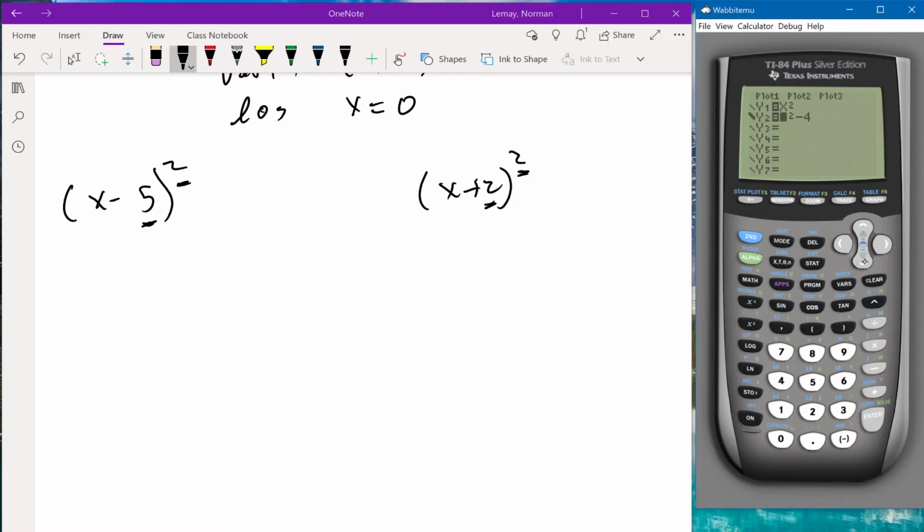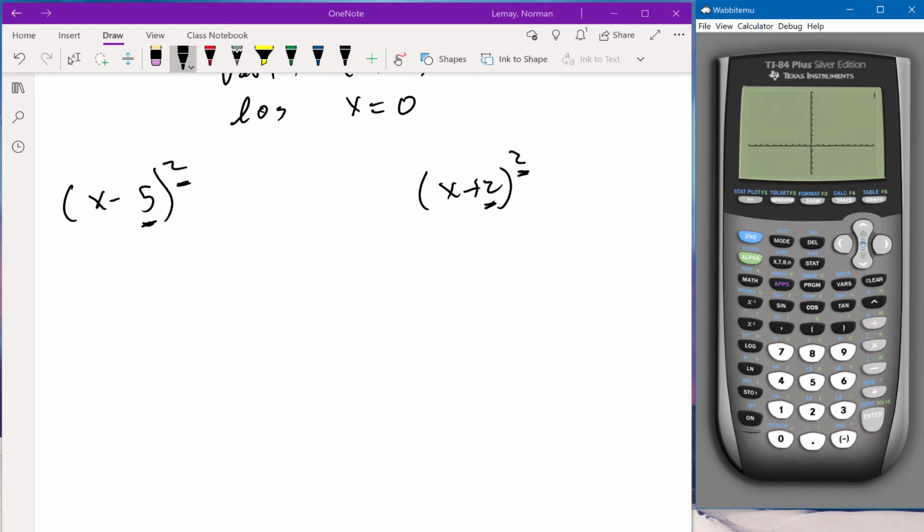Okay, so here I'd like to make this open bracket x minus 5 close squared. Okay, so we'll just take a look at this one here first, and let me just double check my windows here. I'm going to expand this to -10, and then I want to expand this to 10.